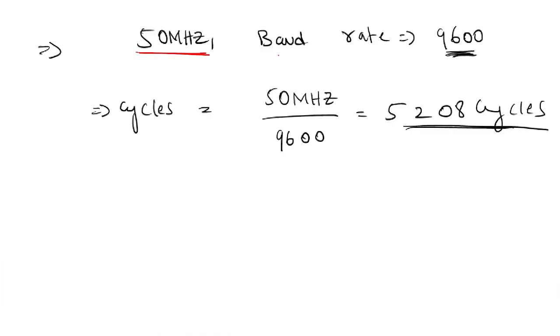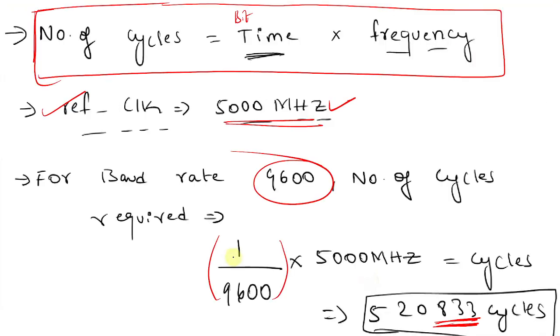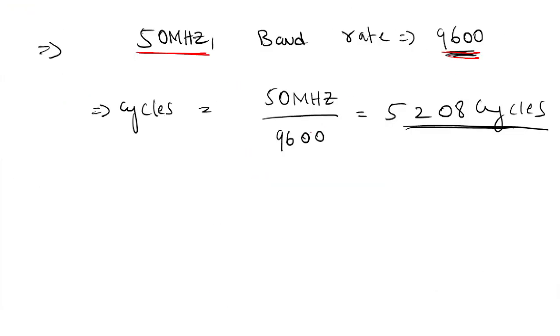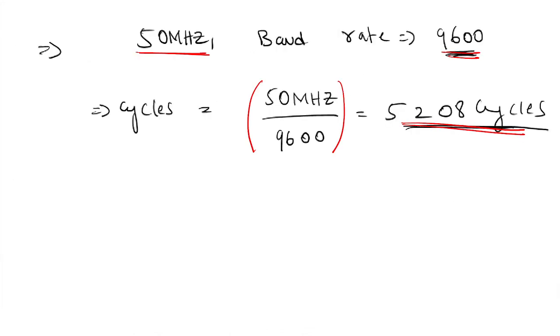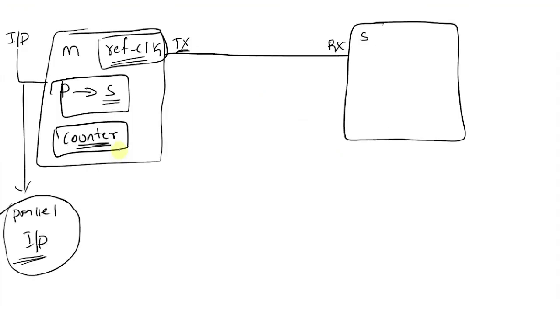Suppose it is 50 megahertz with baud rate of 9600, cycles equal to how much? 50 megahertz by 9600 means 5208 cycles. This is the number of cycles for a 50 megahertz frequency, and the baud rate is 9600.